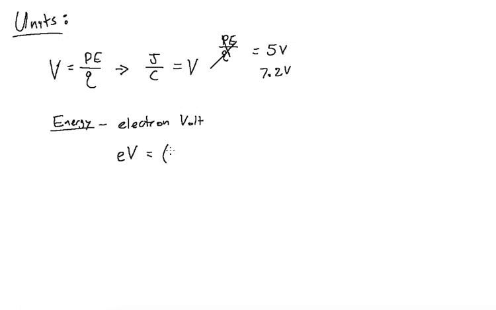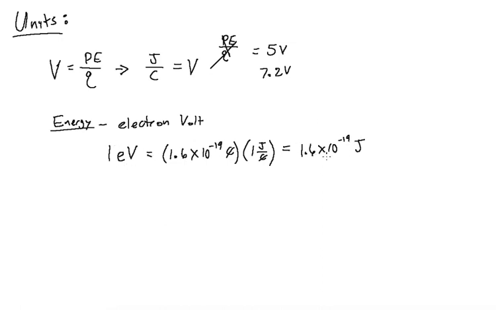So you can substitute 1.6 times 10 to the negative 19th coulombs times 1 volt, which is 1 joule per coulomb, and the coulombs cancel, leaving 1 electron volt equals 1.6 times 10 to the negative 19th joules. So it's a very small number.